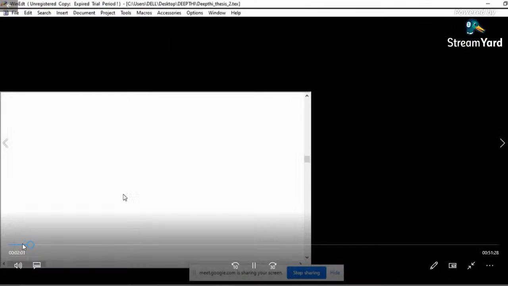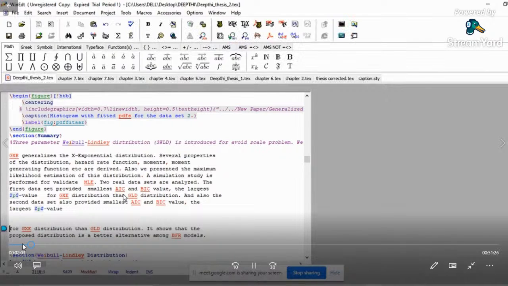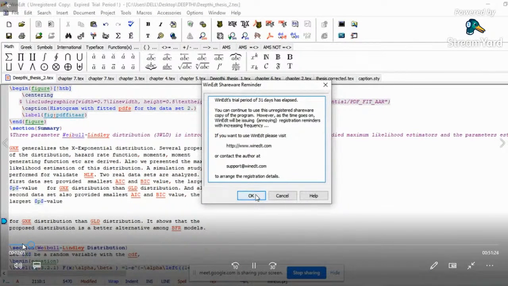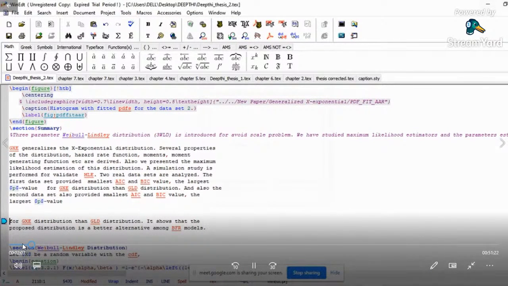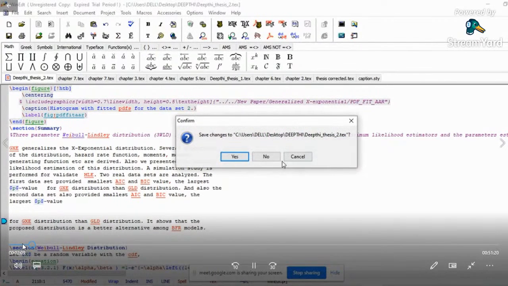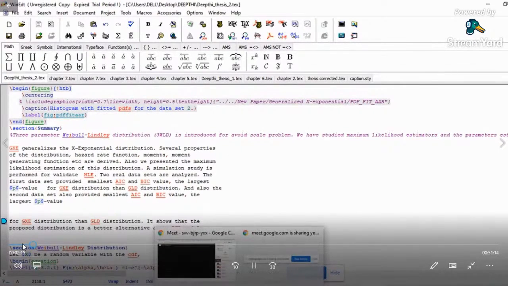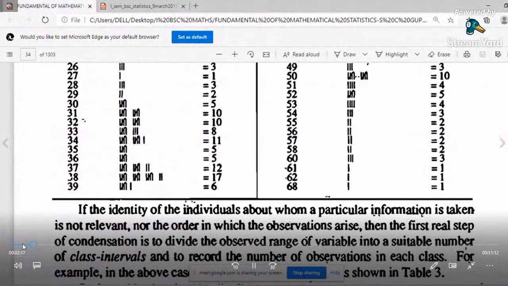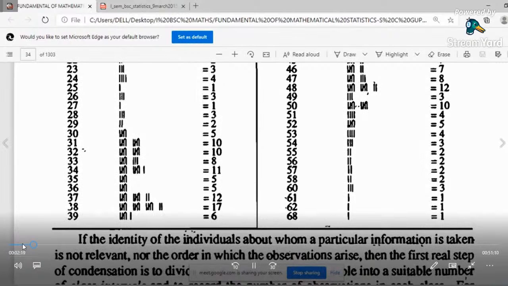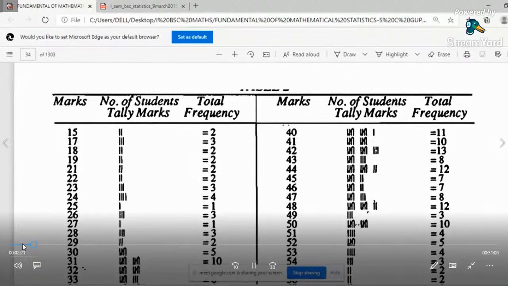So this representation is more informative than the above.